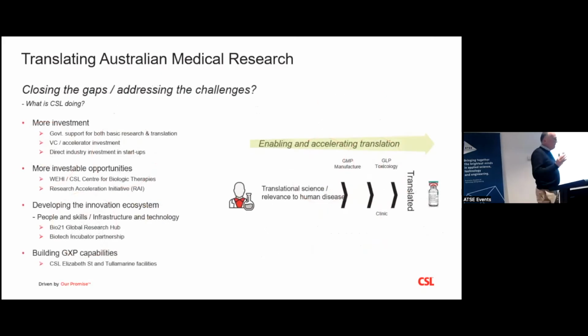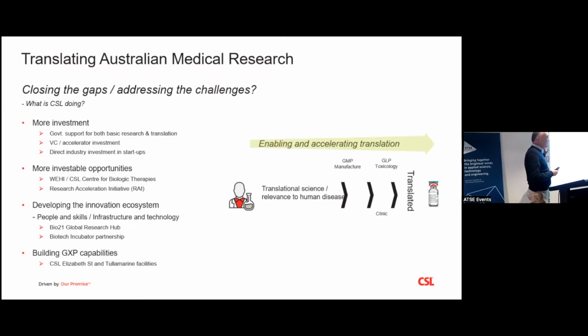But in terms of making all of that work much better, in terms of going from the past to a successful future, what are some of the things that have needed to happen? And what are some of the investments that we and others have made to really develop that ecosystem in a much more productive way? So these are some of the things that we're involved in at the moment.